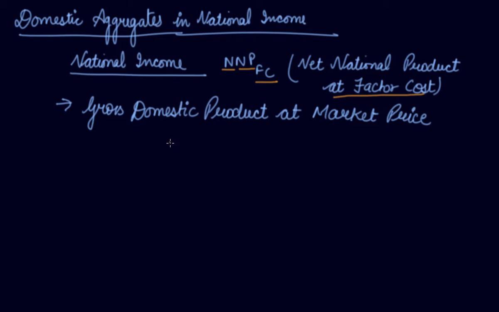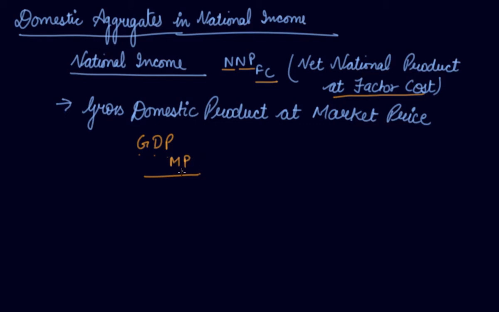Now, gross domestic product is the value of all the production of all the goods and services that are produced in the economy during an accounting year. Your domestic means that within your territory, right? So you denote this as GDP, gross domestic product at market price.